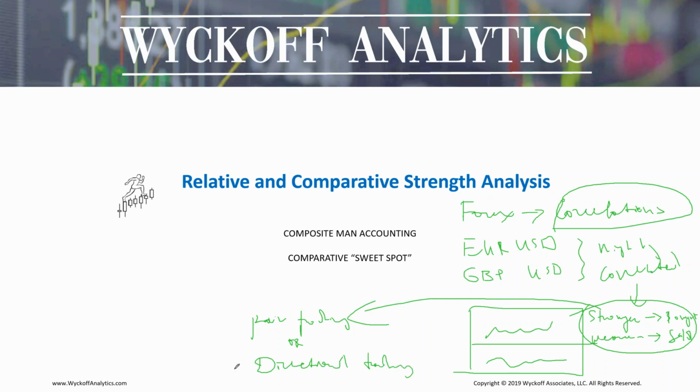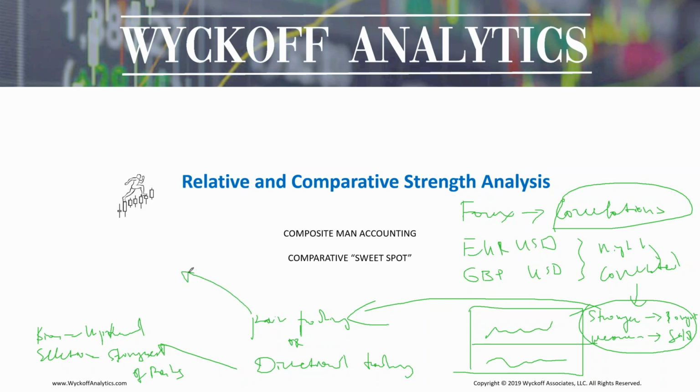What do I mean by that? In the directional trading, let's say that you define the bias as an uptrend. So then your selection is going to be the strongest of the pairs. And you would just disregard the second pair.